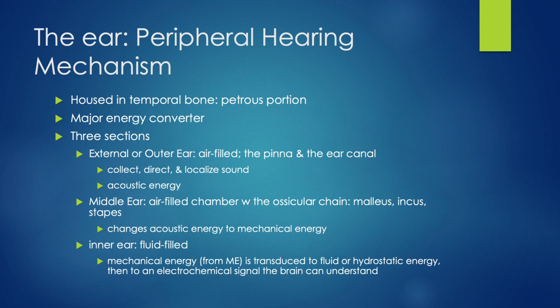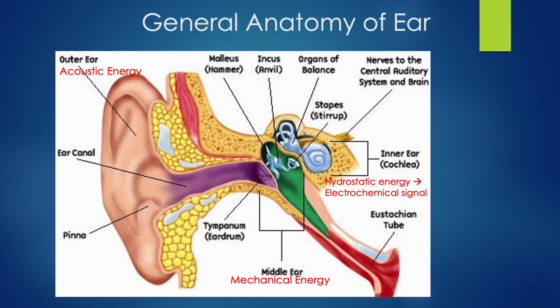Then we have the inner ear, which is fluid-filled, and the mechanical energy as the stapes is bouncing against the oval window is transduced to fluid or hydrostatic energy, and then ultimately into an electrochemical signal that the brain can understand, because that hydrostatic energy triggers the hair cells that fire the neurons.